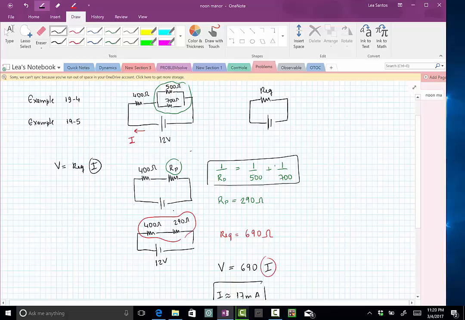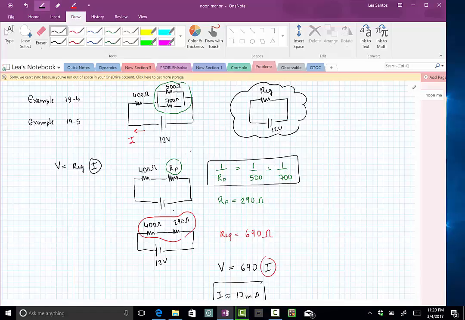And then what remained were just two resistances in series. I just had to add them up. With the equivalent resistance, with this final circuit here, I can then find the current that is drawn from the battery.